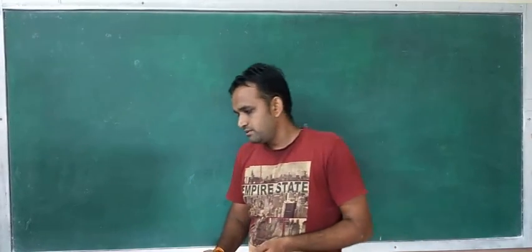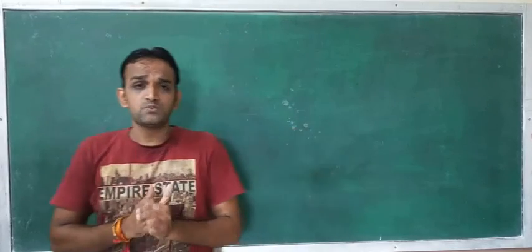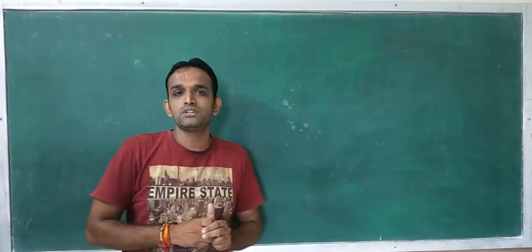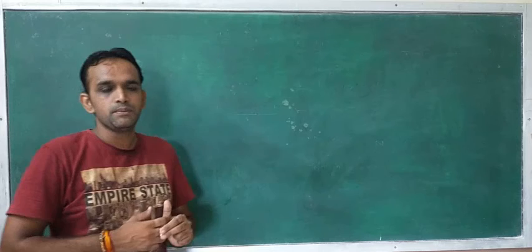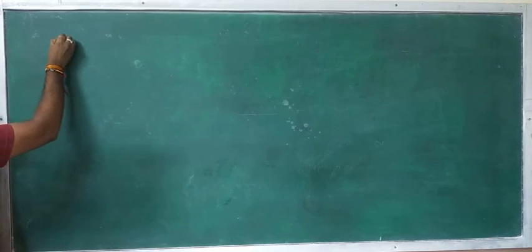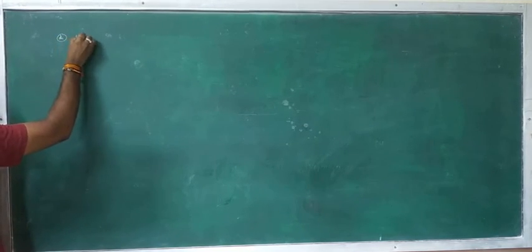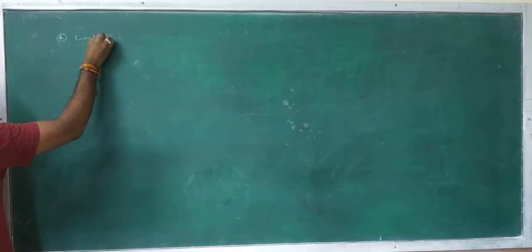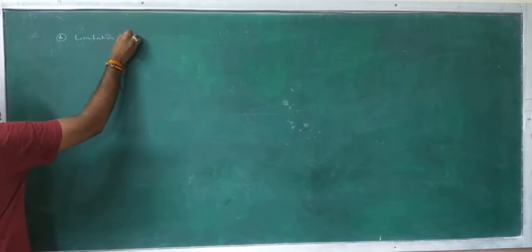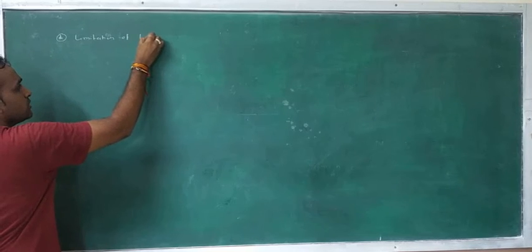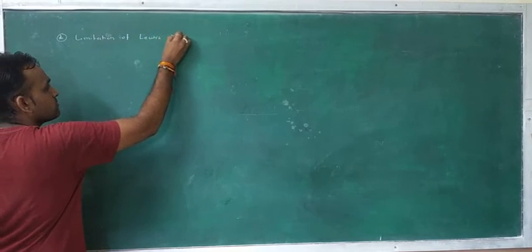Now today we are going to discuss the first point, that is the limitation of Lewis representation. So let us see what limitations there are for the Lewis structure. First of all, the last point is left, the limitation of the Lewis approach.